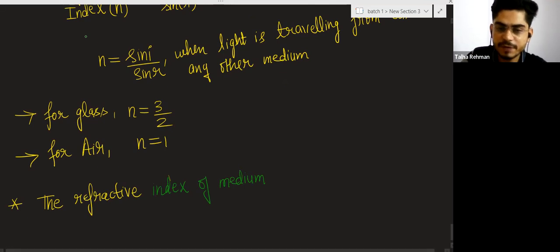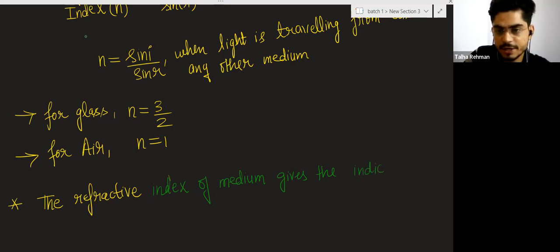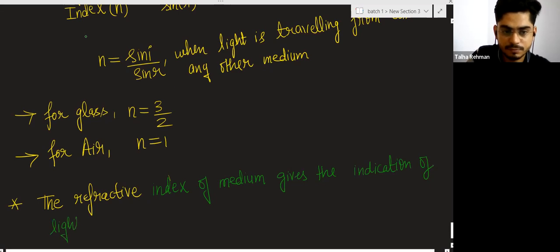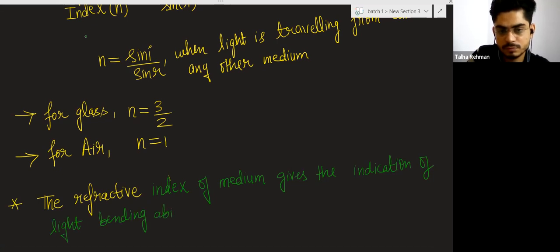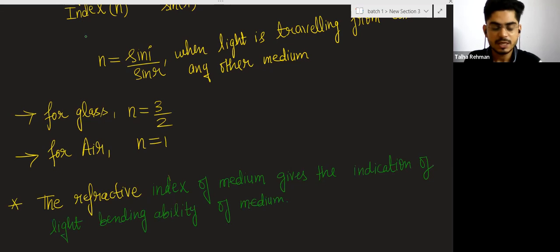So the refractive index of a medium gives the indication of the light bending ability of the medium. Light bending ability means to what angle the light will be bent.